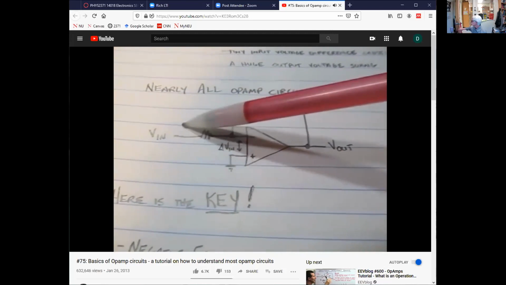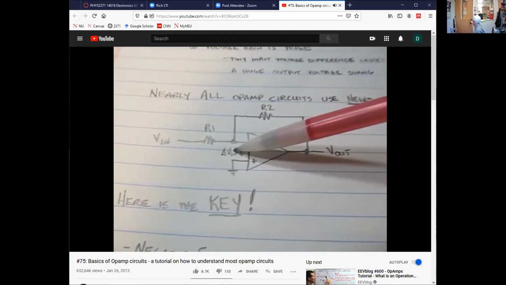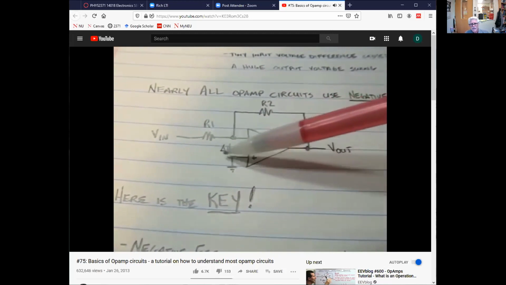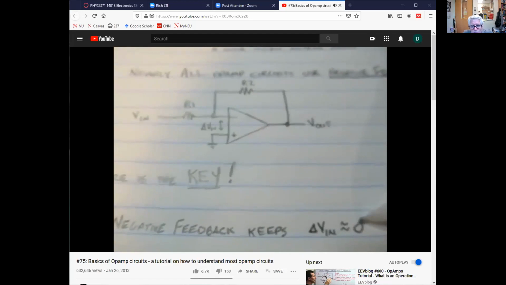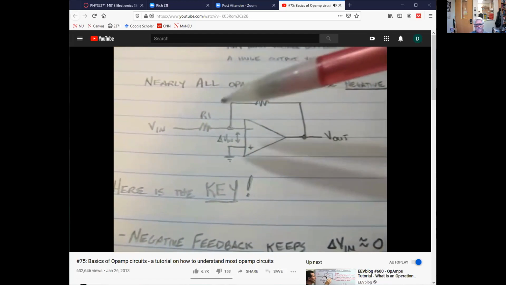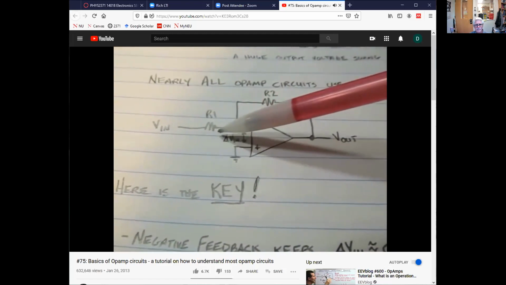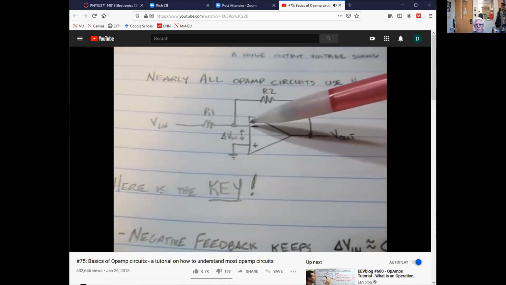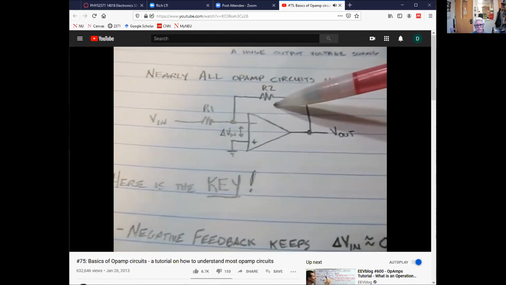So this voltage is bringing it up, the negative feedback is bringing it back down. It's going to keep bringing it down until that voltage difference goes to 0. Another reason for that is obviously the current that is going in this resistor is not going to go into the input. It has to go through that resistor.